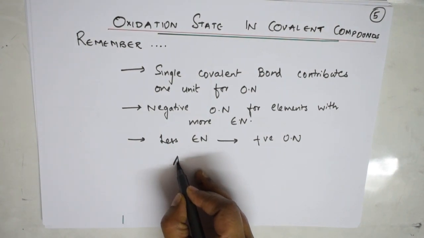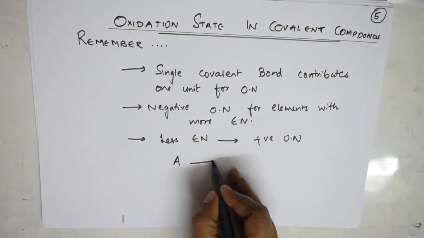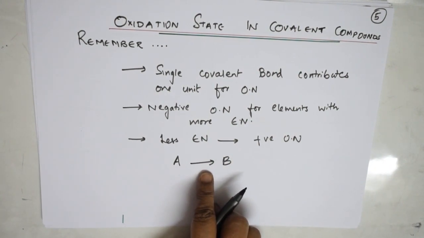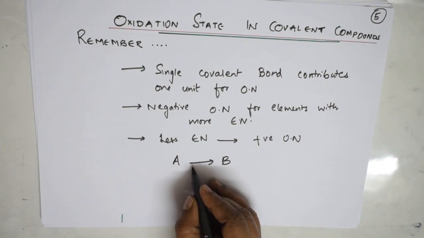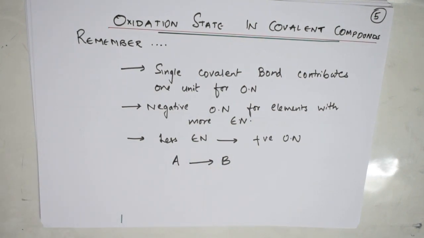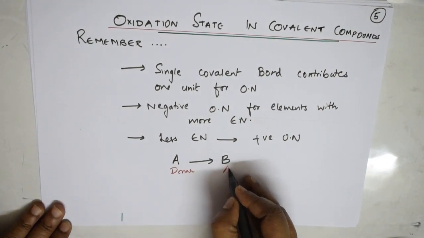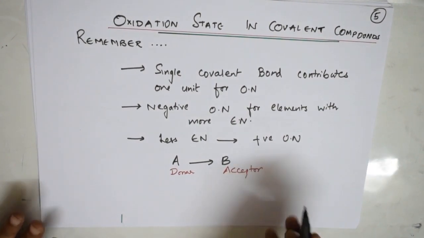So always remember one more thing. For a covalent bond, in this direction we show the coordinate covalent bond. This is the arrow which we show. If I'm showing in this direction, it means this is the donor and this is the acceptor. This is the concept, right?